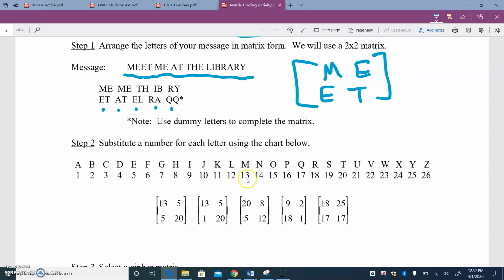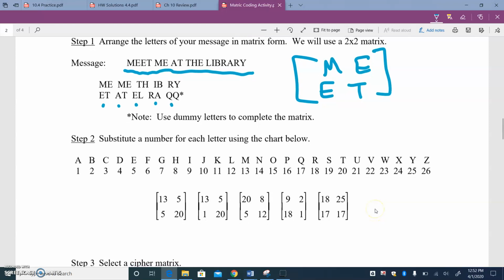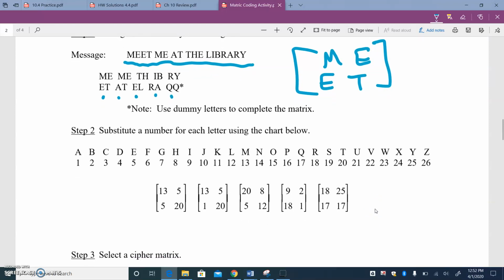So MEET becomes 13, 5, 5, 20. And we see each of the other pairs of matrices become these next 4 2 by 2 matrices. Now keep in mind those 2 Q's at the end, those were just filler because we didn't have enough letters to fill the last one. So if you ever have a message that you're going to be using, just fill it in with whatever blank letters you want.